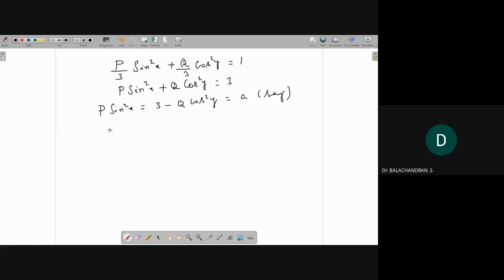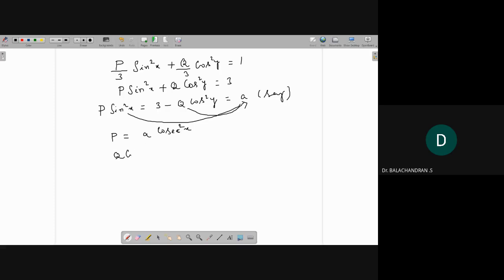So from this, I have P equal to A divided by sine square x. So 1 by sine square x is cosecant square x. Now from these two, what is Q?